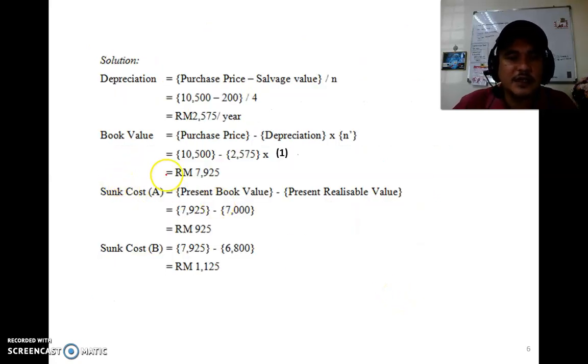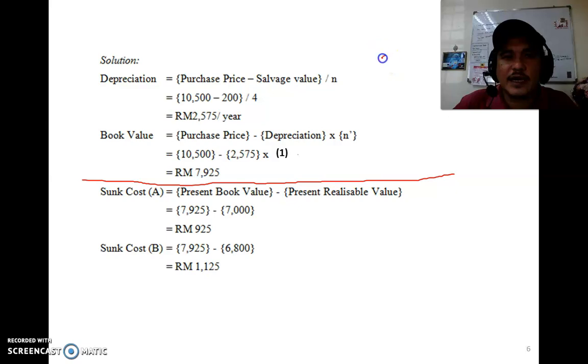In the current machine, this is our position. We need to calculate our book value. Depreciation is the purchase price minus salvage value divided by N. We bought our machine last year for 10,500, the salvage value is 200, divided by 4.